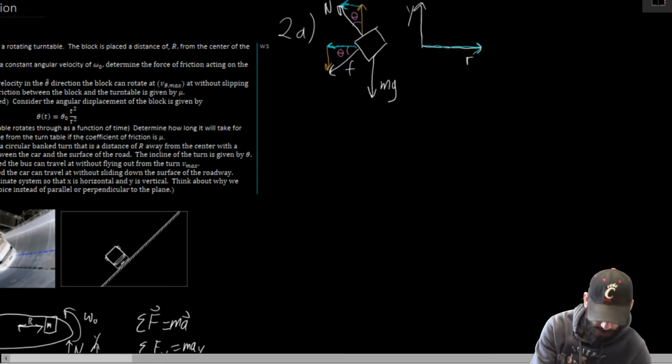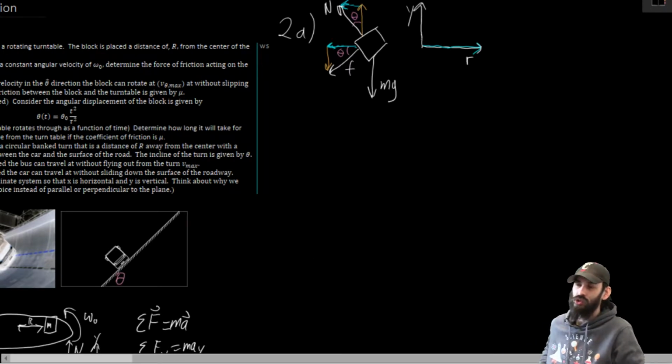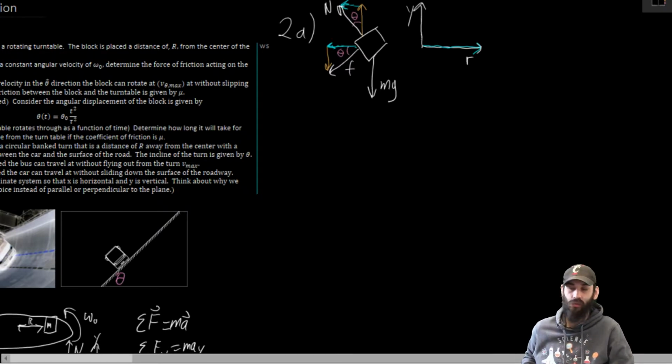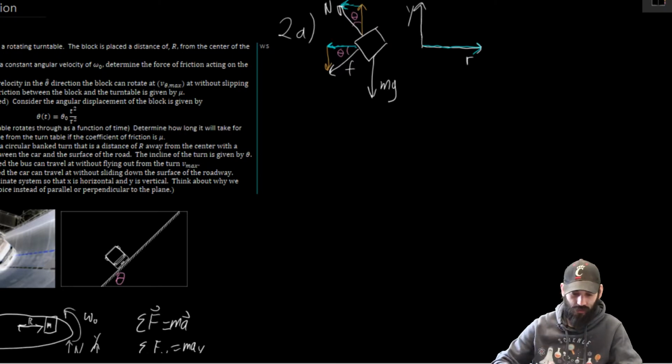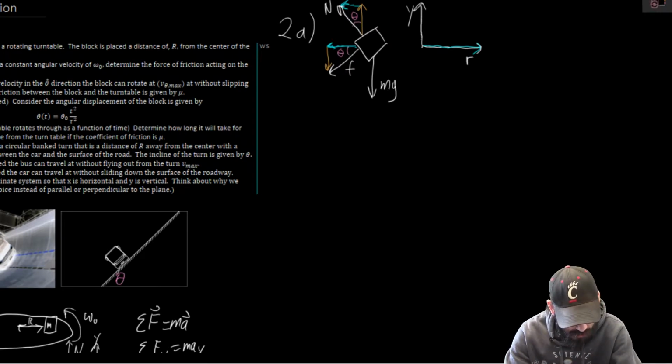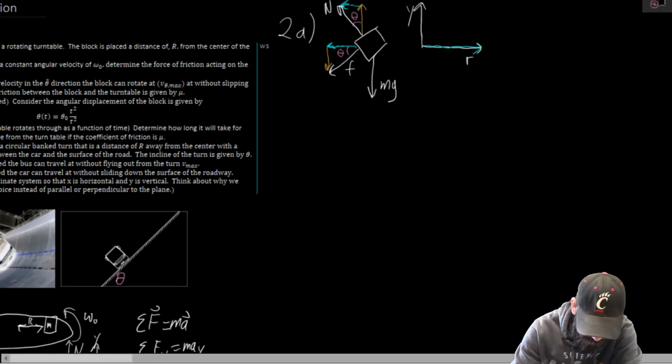Ultimately, this is the same theta that I'm defining right here. And there's a little bit of trig that you can go through to show exactly why this angle theta that I have marked is exactly what it is here. So for our force of friction, this component right here, F sub y, is going to be F times sine of theta.